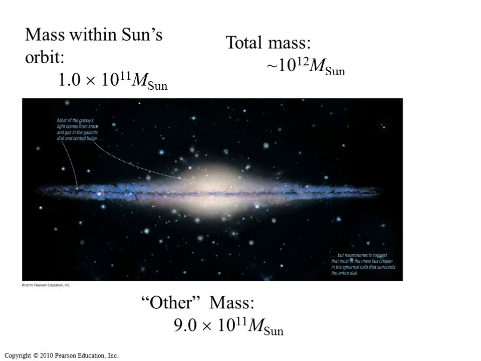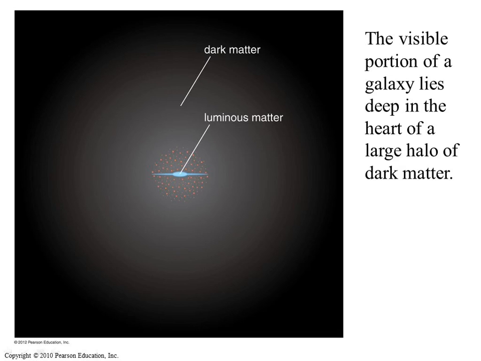All of the other stuff, which is the edges, where we know the Milky Way galaxy gets thinner, is actually 9 times the mass that's inside our orbit. So there's definitely mass that's not seen, because what's beyond our orbit is just those disks of stars. And this is the picture I alluded to like 4 or 5 slides ago.